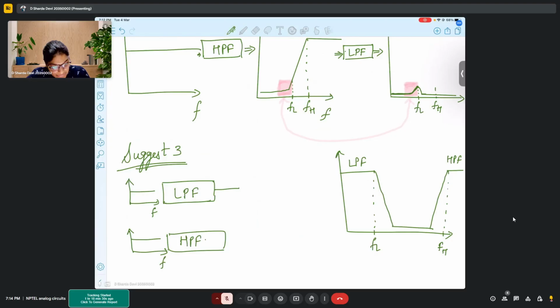And then what we will do is we would use an adder, and the resultant output that we would get is that of a band stop filter. Do you think this will work? Yes. Will this work?